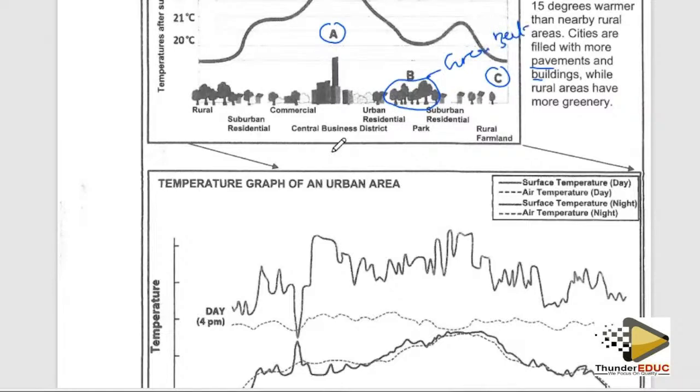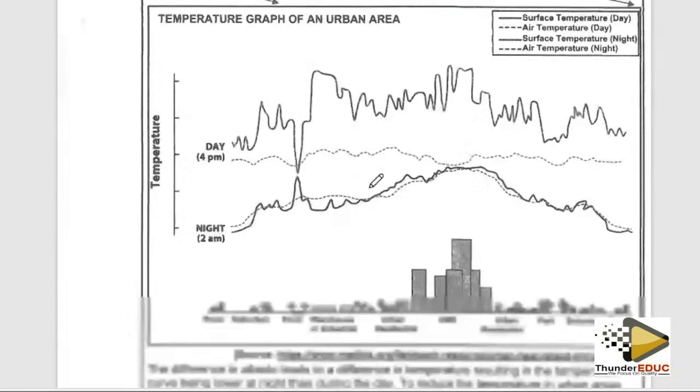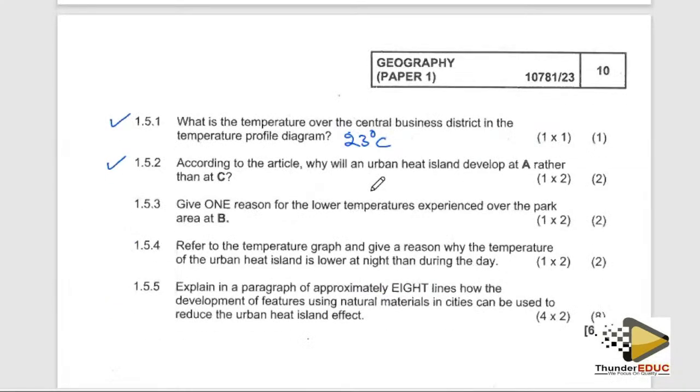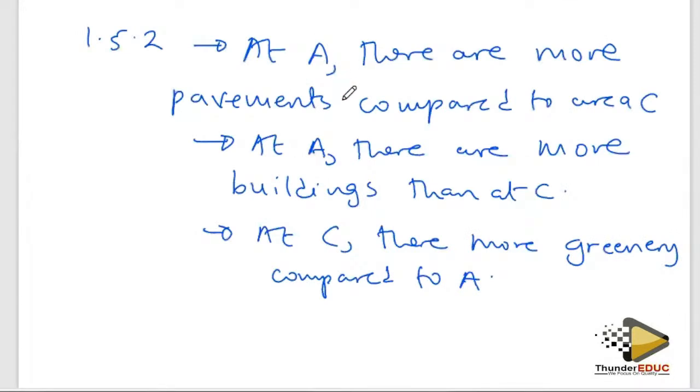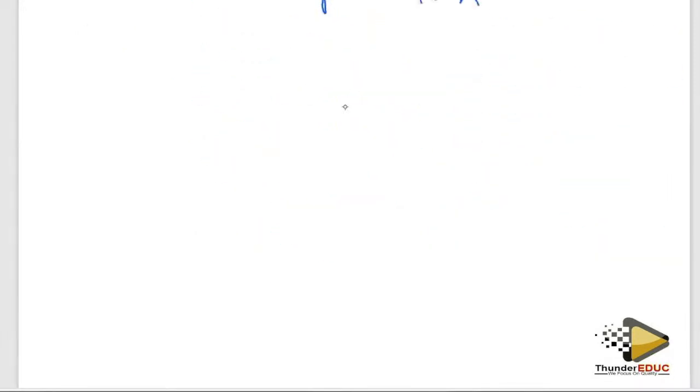You see, because of the presence of so many trees. Anyway, question 1.5.3: give one reason for the lower temperatures experienced over the park at area B. Okay. Why would area B experience lower temperatures?